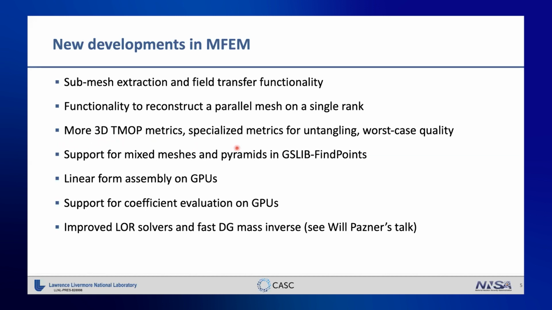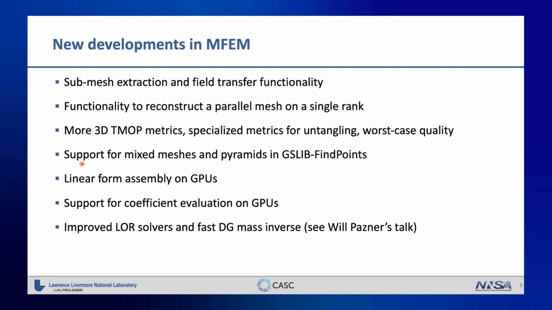And in this new release, we have new metrics, specialized metrics for untangling, and for controlling worst case quality. So these are new options in that area of optimizing meshes, specifically focused on high order meshes.